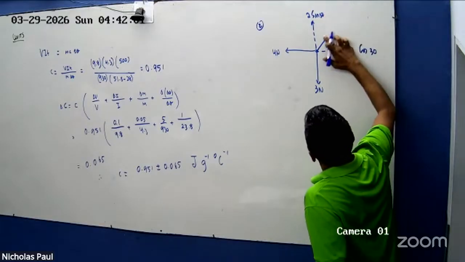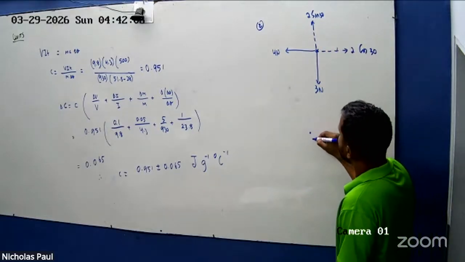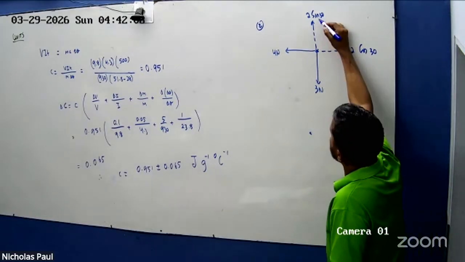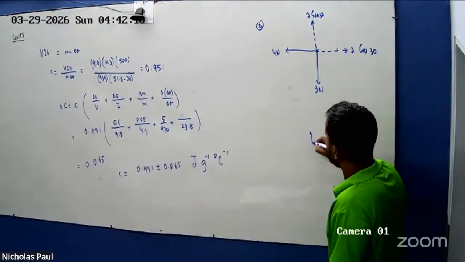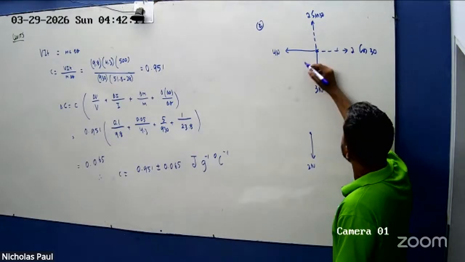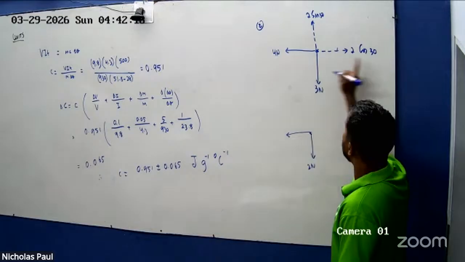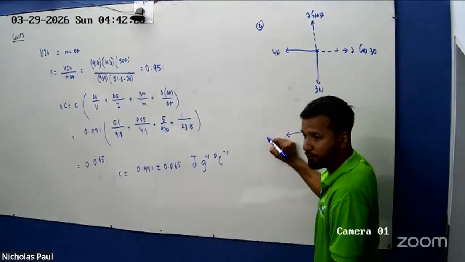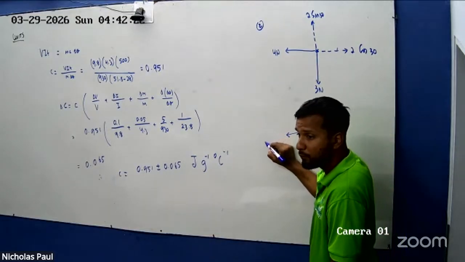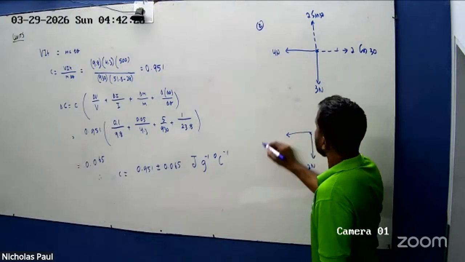I like to rub it off so people don't get confused with it, right? Then find the resultant. The resultant here is 1, here is 3, so that will be 2 Newton downwards. Here is 4, here is here, so it will be this way. 4 minus this is how much? 4 minus root 3.